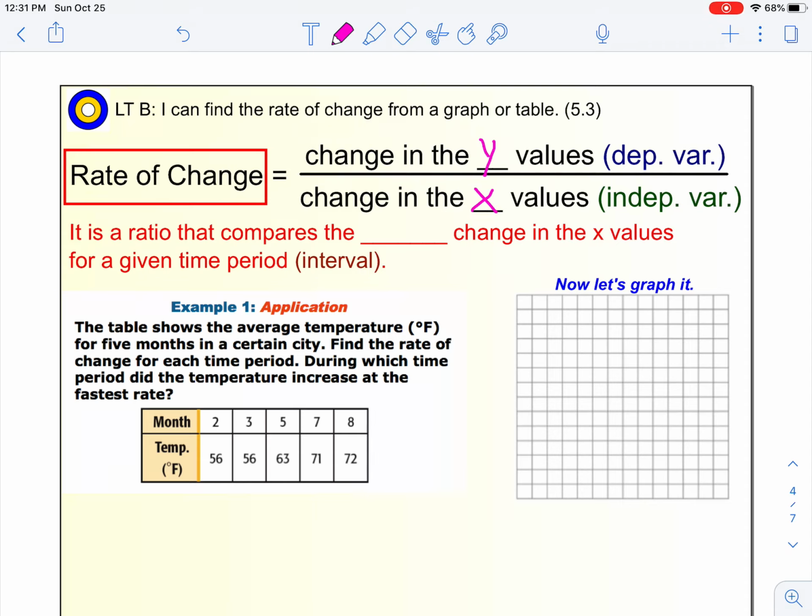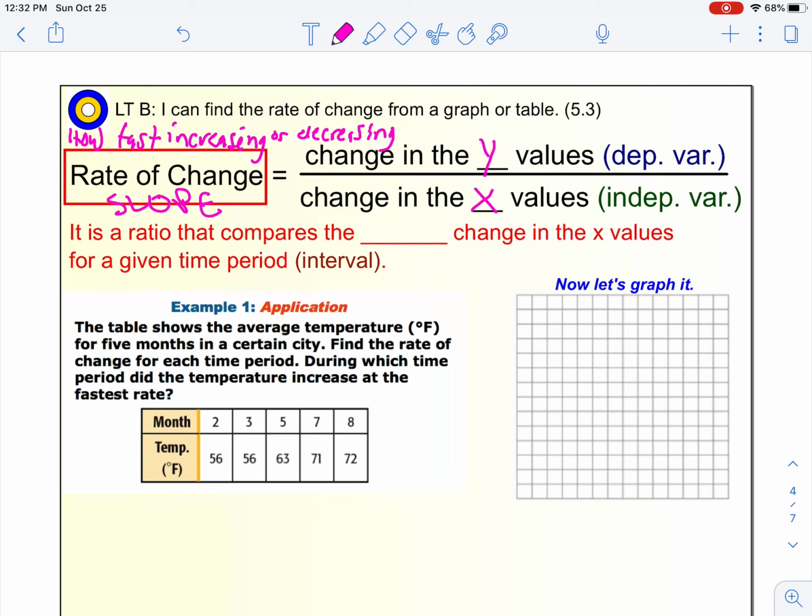So really what rate of change is, it's how fast we're increasing or decreasing. And what that really is, if you remember from before, is our slope. And we're going to get into more of that later on.